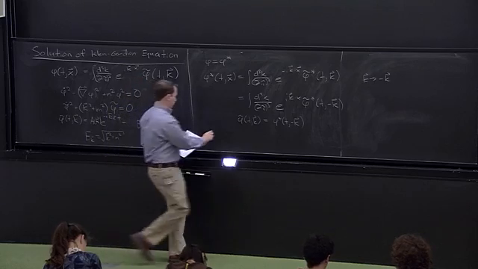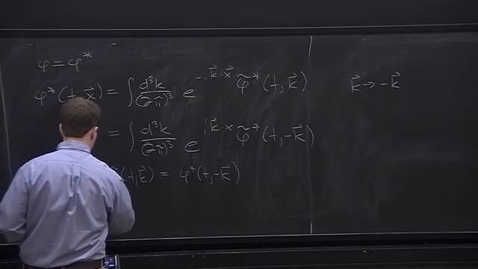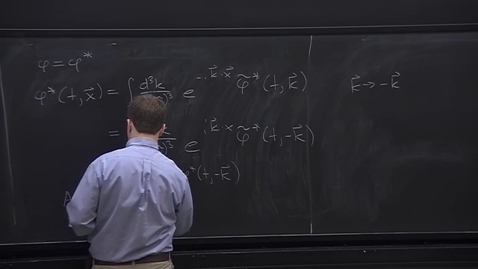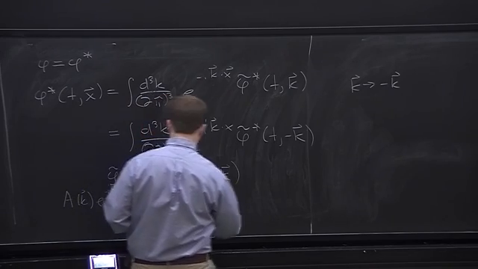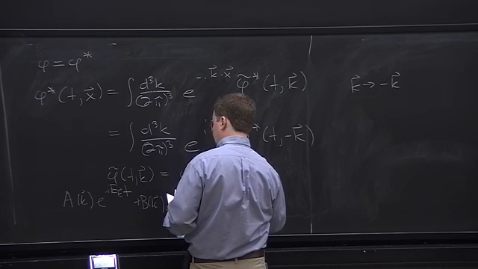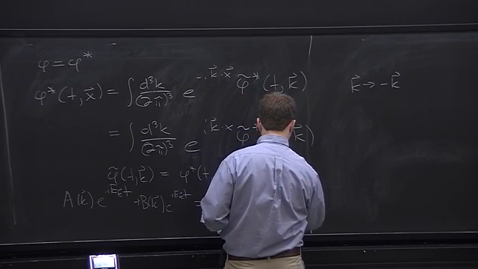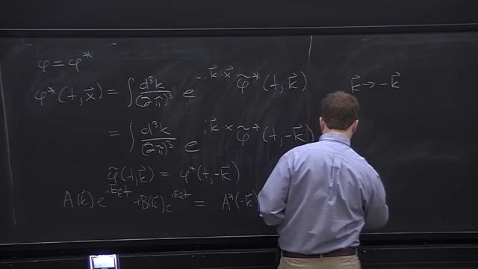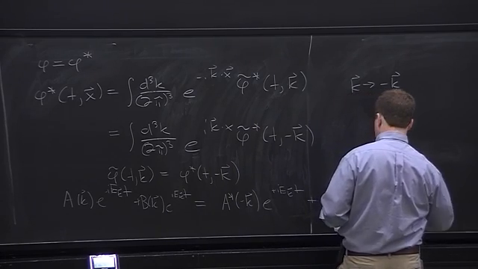So that tells us that a of k e to the minus i E_k t plus b of k e to the plus i E_k t is equal to a star of minus k e to the plus i E_k t plus b star of minus k e to the minus i E_k t.